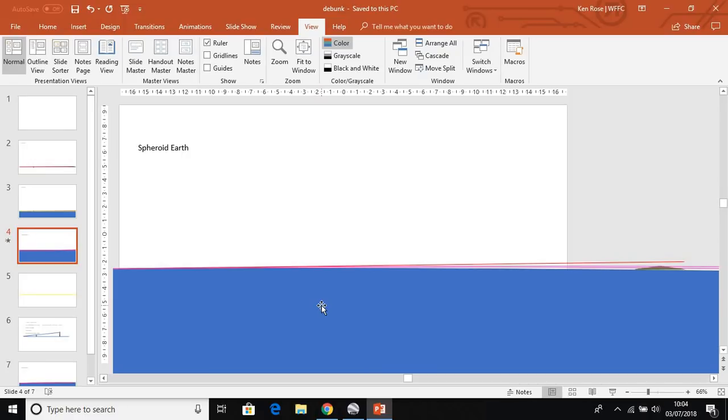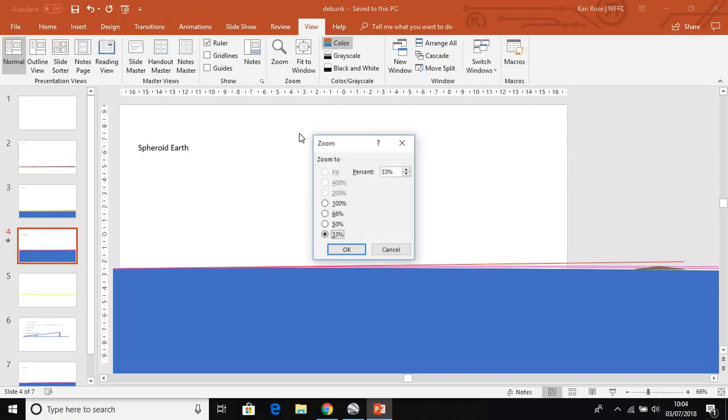And the first thing to notice is that the red line of sight here, which we can see without zooming in, is a straight line of sight that goes to a point that is above the island.